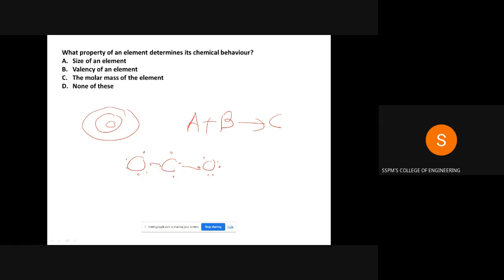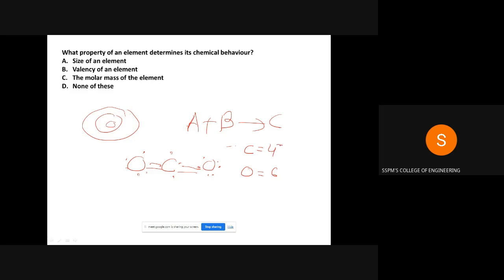There is a double bond between carbon and oxygen, so 2 electrons are shared to form each double bond. Carbon has 4 outermost electrons and oxygen has 6 valence electrons.